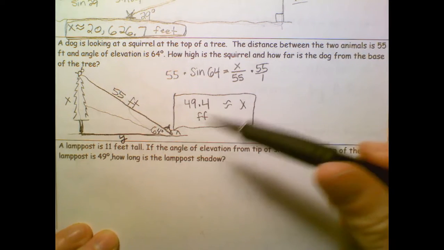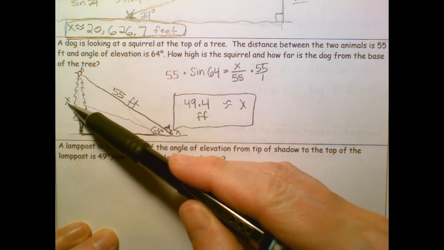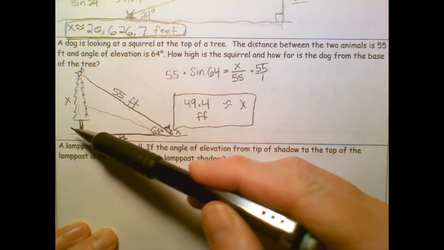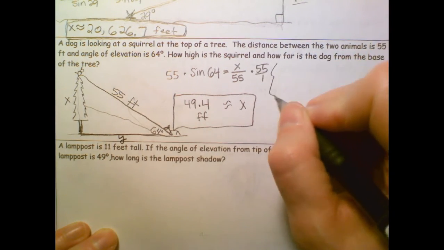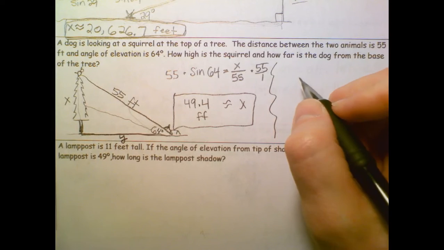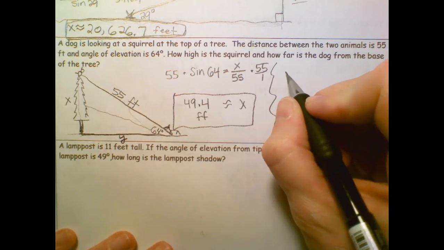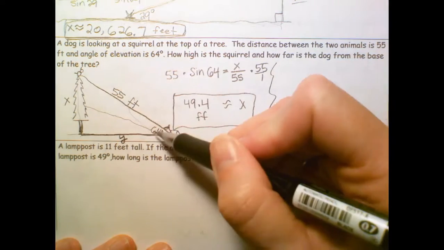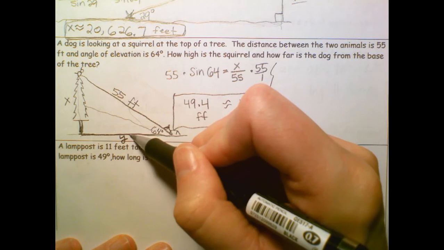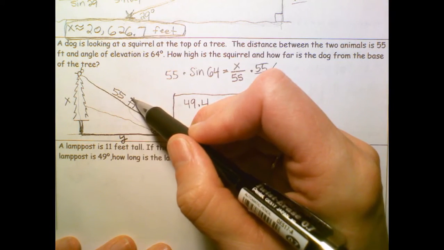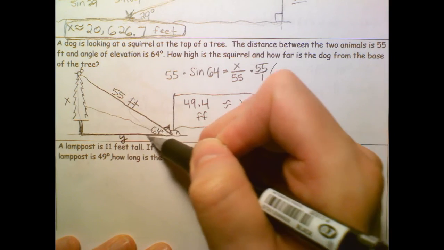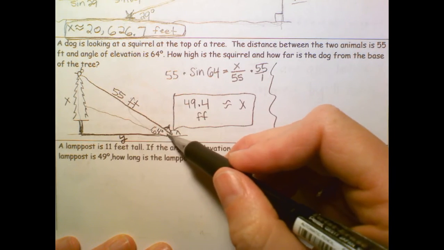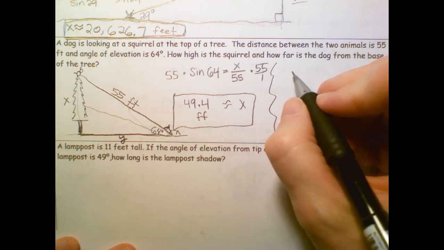All right, now for y, now that you know what x is, you could use the Pythagorean theorem to get y. I'm just going to use trig simply because that's the unit that we're in. 64 degrees, y, and 55, these three form a cosine relationship. This side is adjacent, and the 55 is the hypotenuse.